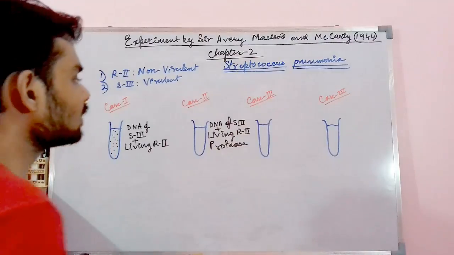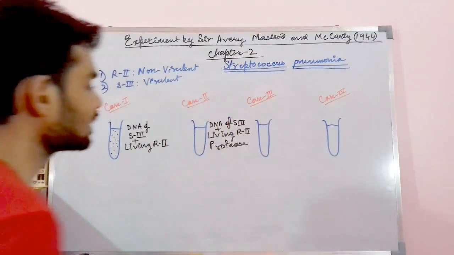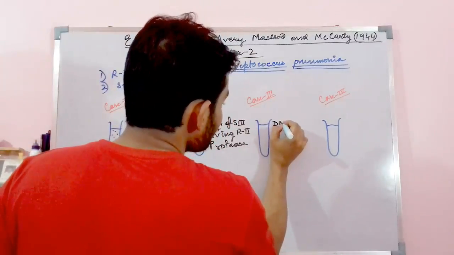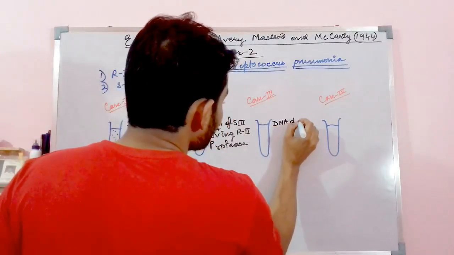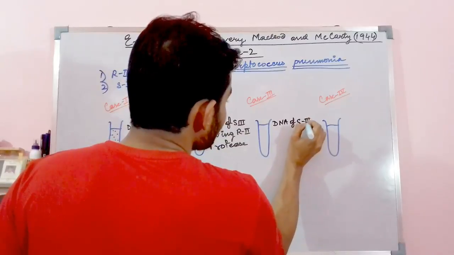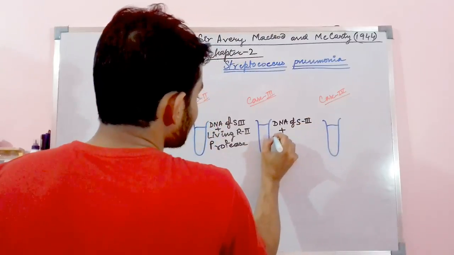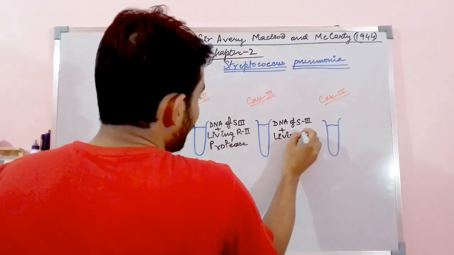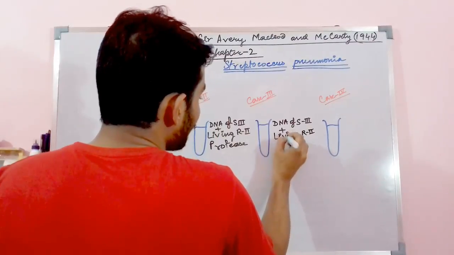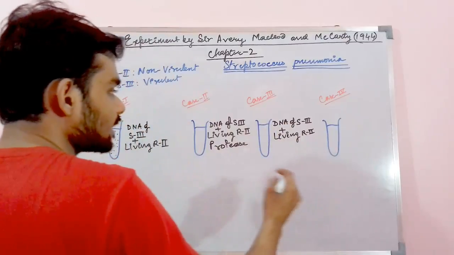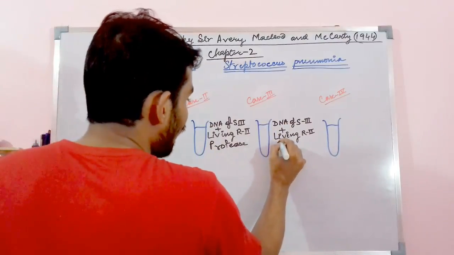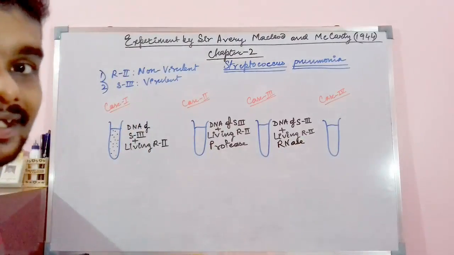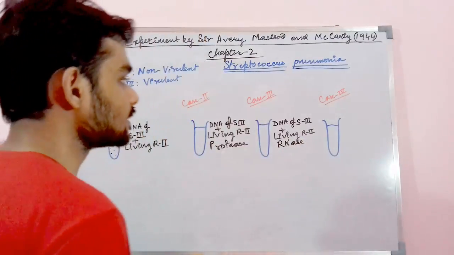Now in the third case, they did the same thing. They took the DNA of S3 plus living R2 type bacteria and supplied it with RNase. RNase is actually the RNA denaturing enzyme, or RNA destroying enzyme.